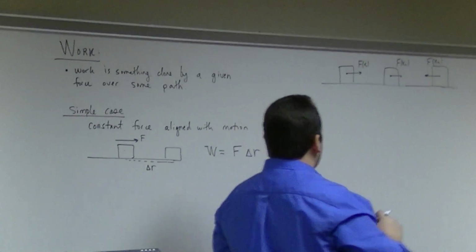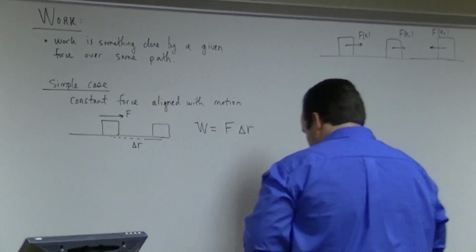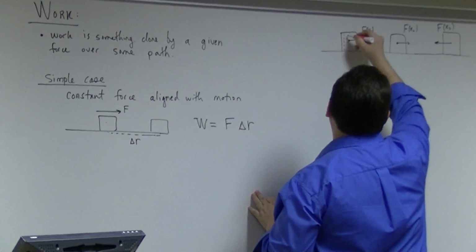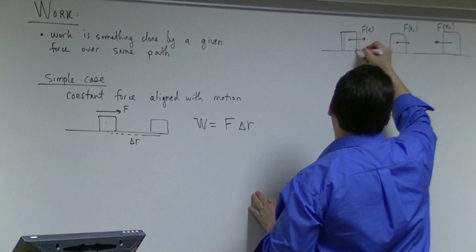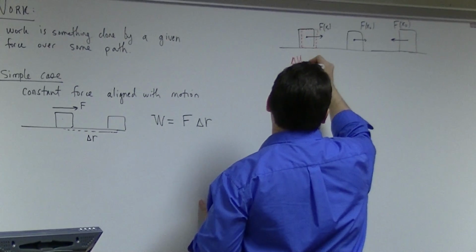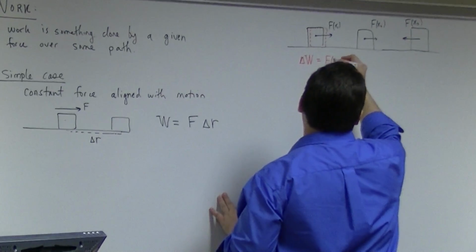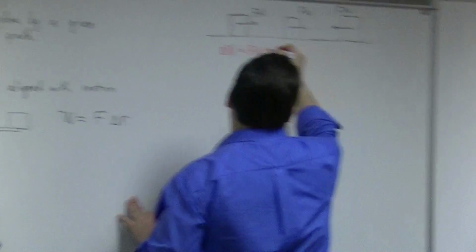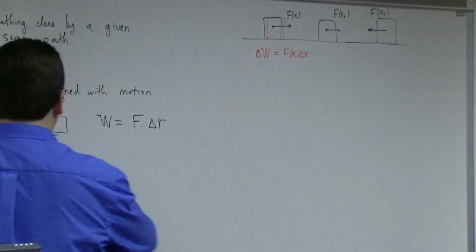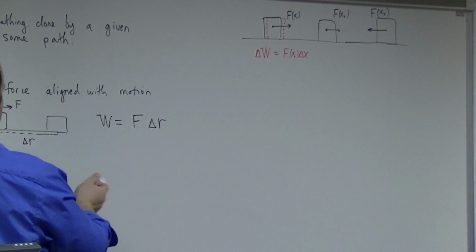So if you think about a little displacement of the box, in the first two cases I have there, you've got a little positive. If you just think about the box shifting a little bit like that, you could talk about the little amount of work done. The change in work for that piece would be something like f of x1 times the change in x. Okay, now I'm saying that I had r over here, I'm anticipating something, but you could write x here.